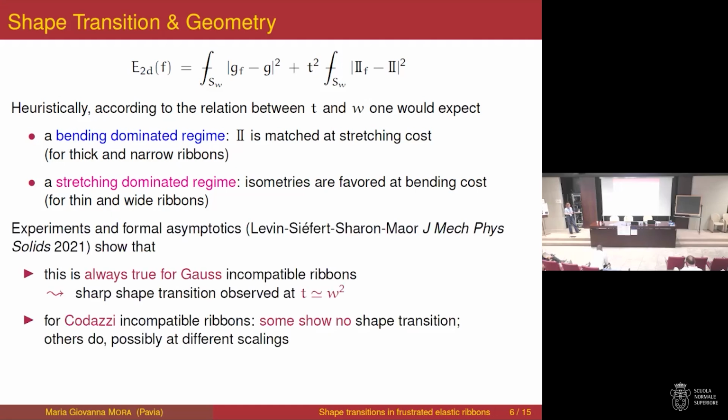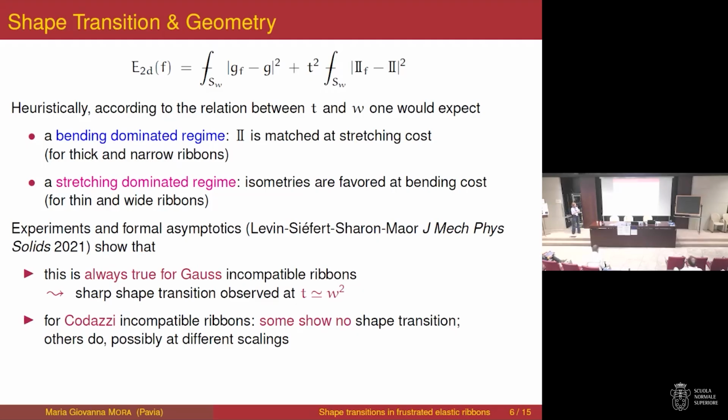And this was observed in a paper by Eran Sharon and Cy Mor and collaborators. In this paper, they exhibit some experiments, some real-world frustrated ribbons produced in the lab. I have a picture in the next slide of these ribbons from the lab.